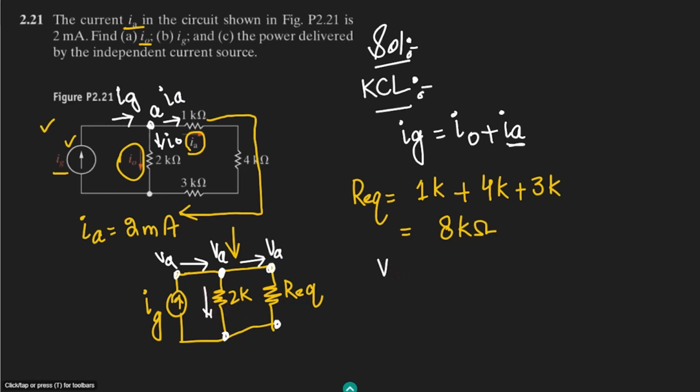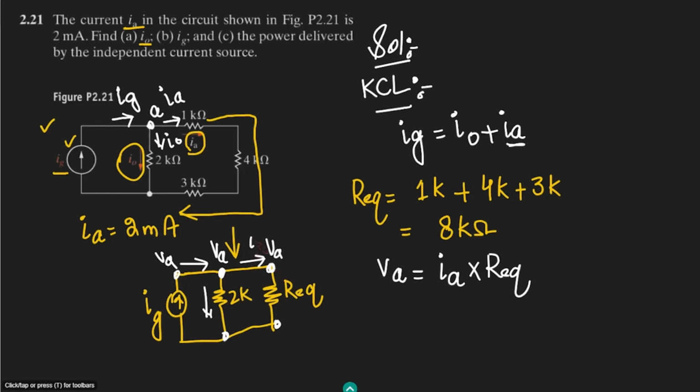So let me first find the value of VA. The value of VA is this IA, which is flowing through all of these resistances, multiplied by the equivalent resistance.